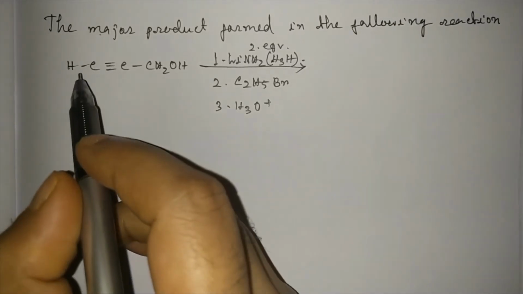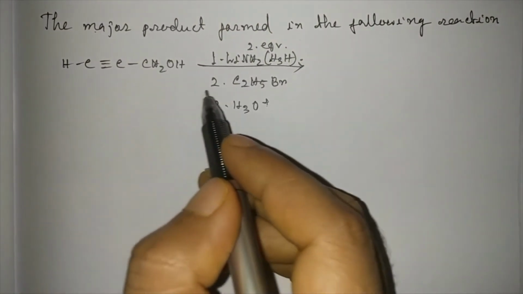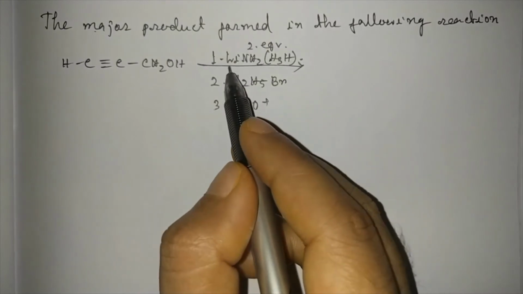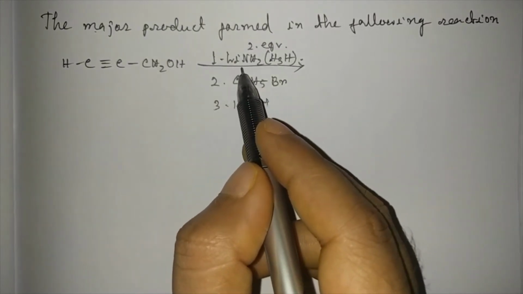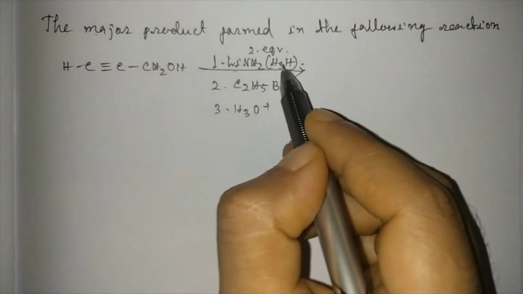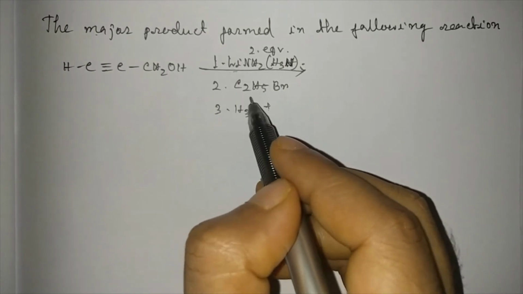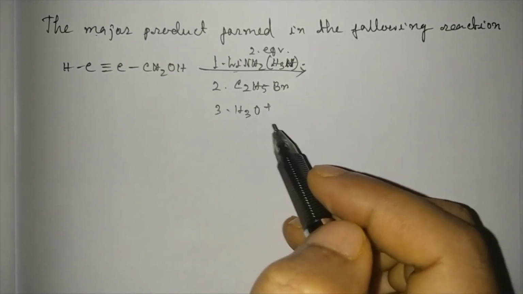Next question, the major product formed in the following reaction: a propargyl alcohol which is treated with 2 equivalents of lithium amide, LiNH2, in liquid ammonia, and then C2H5Br and then H3O plus.